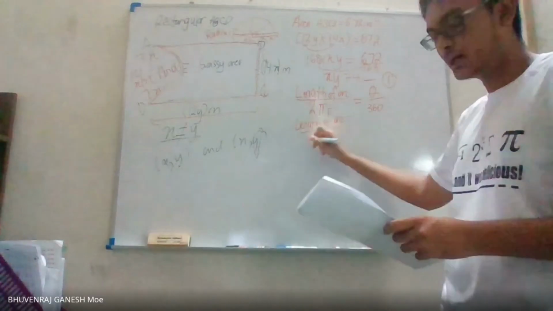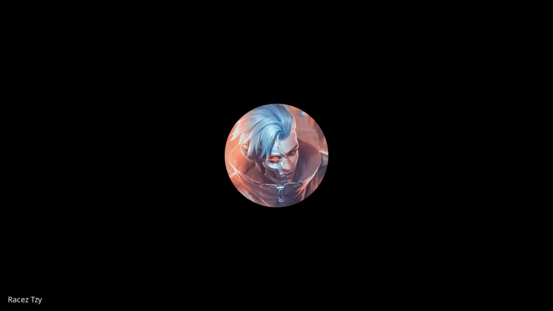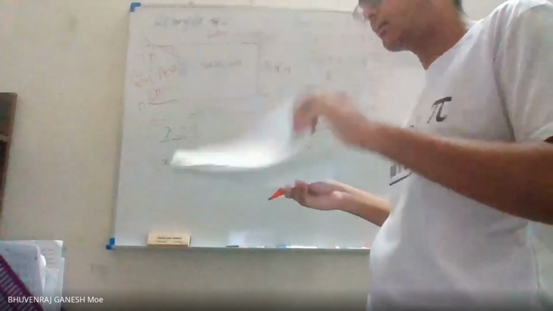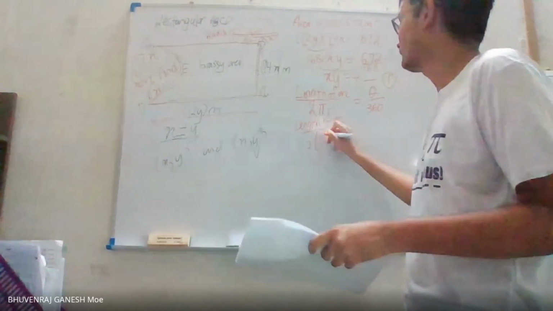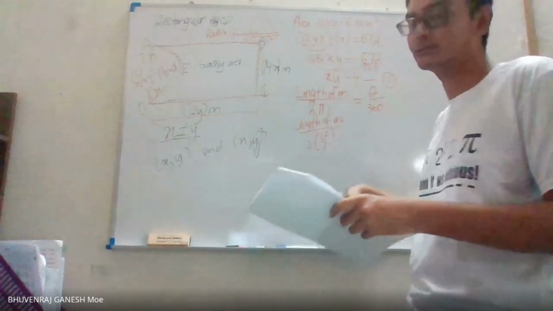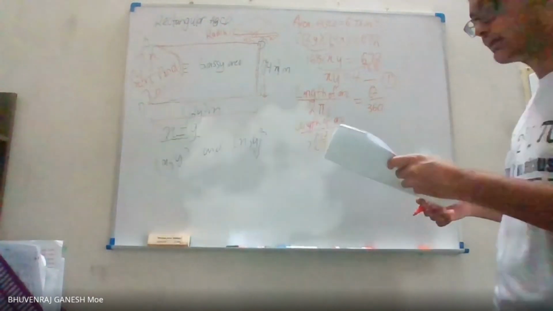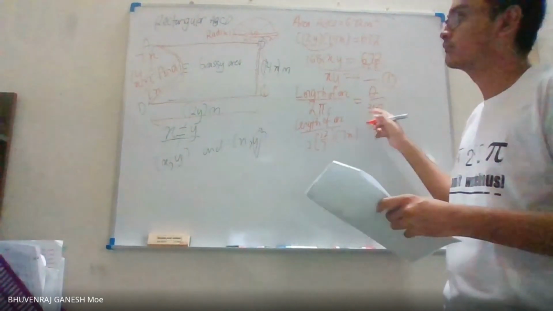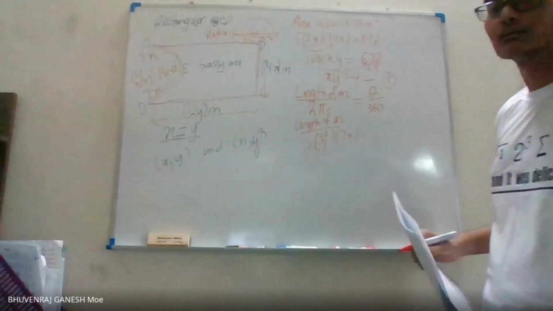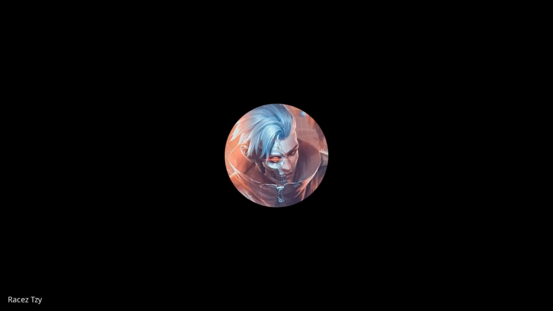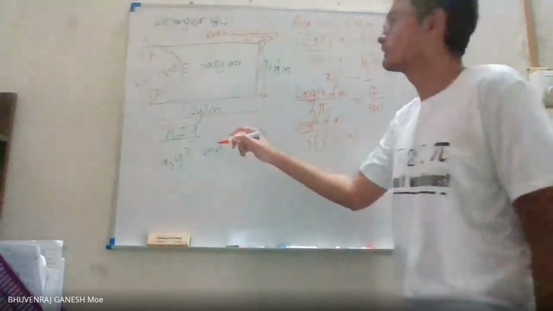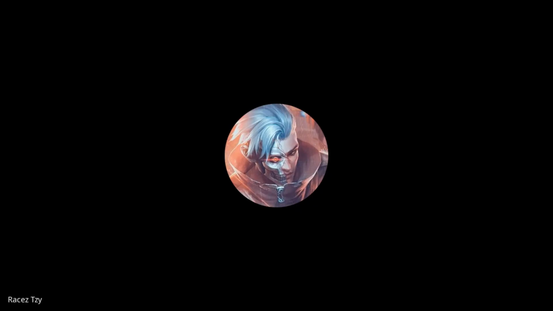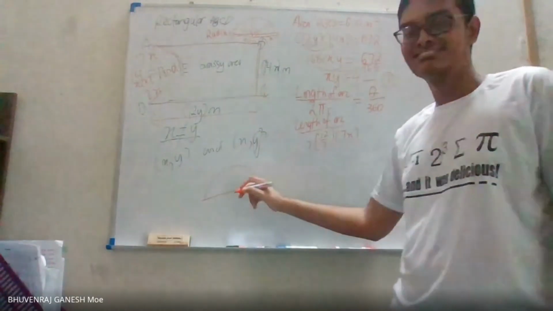And then pi, let me see. The question says use pi equals what? If they say use pi equals 22 over 7, then you have to use this, no other choice. And then the radius we said is 7x. So what will be the theta here, the value of the angle? There's no angle given. If there's a semicircle like this, what is the angle? 90 degrees times 2.